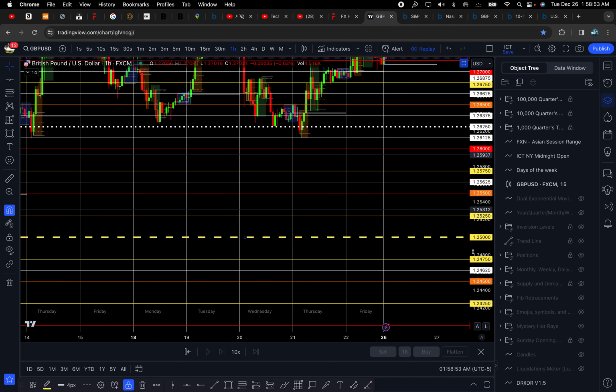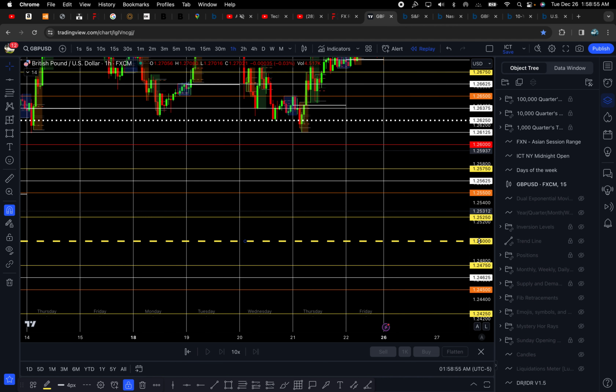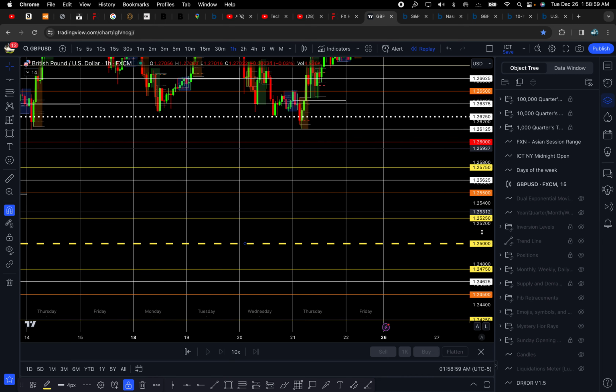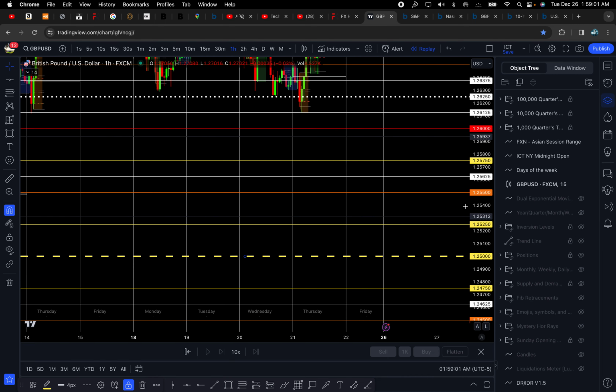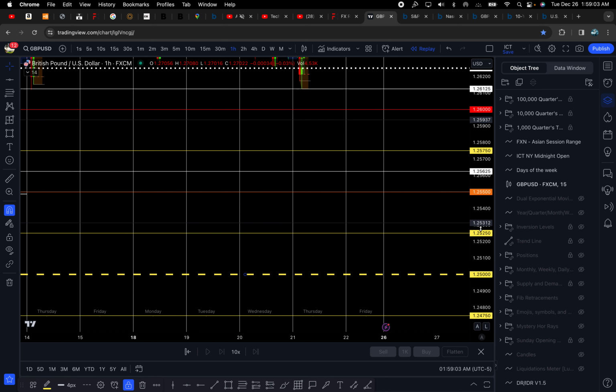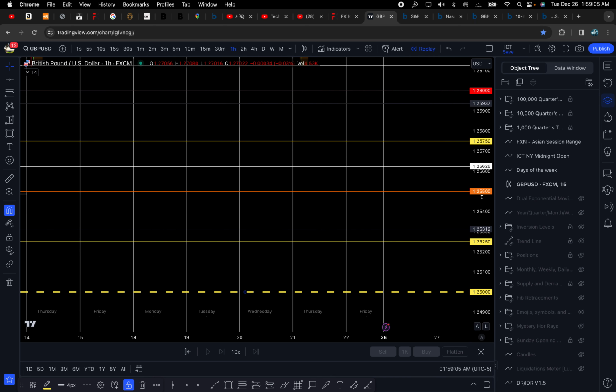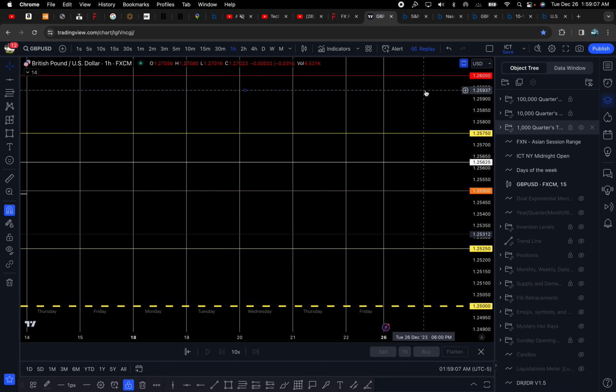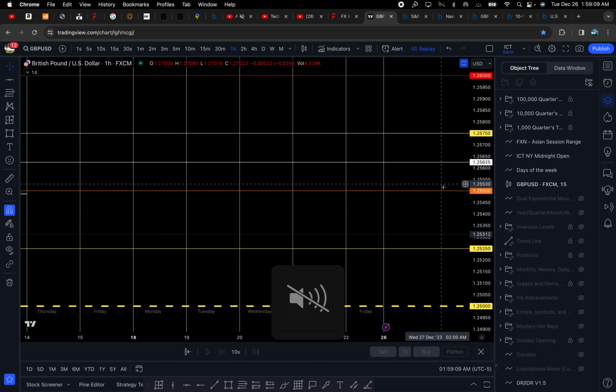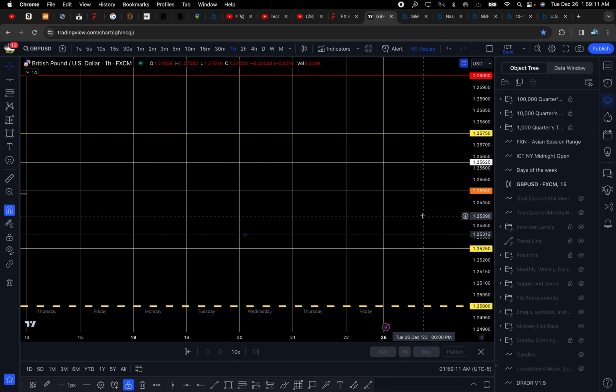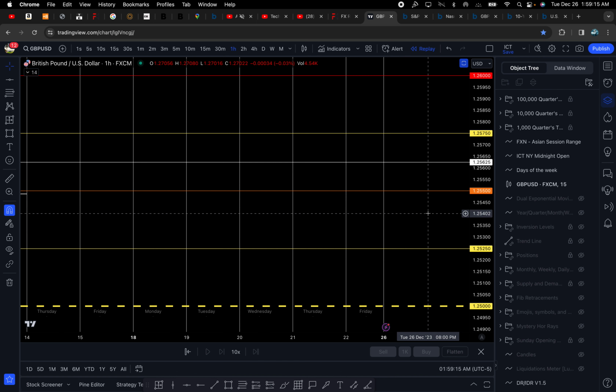I used to draw it differently, but I think I basically perfected on TradingView how it should be drawn, in my opinion. Quarters theory levels. I don't know what that level is. That shouldn't be on there. I don't know what these are actually, so I'm not sure.